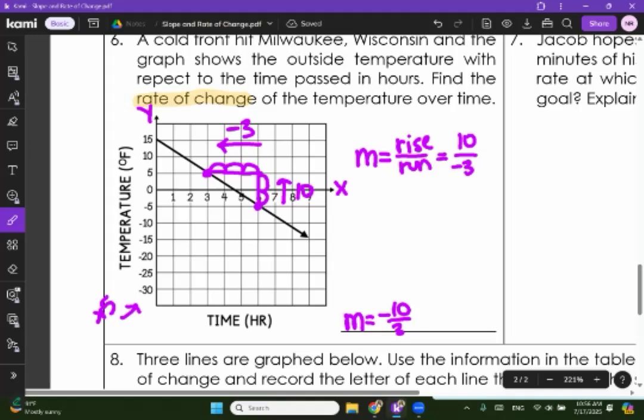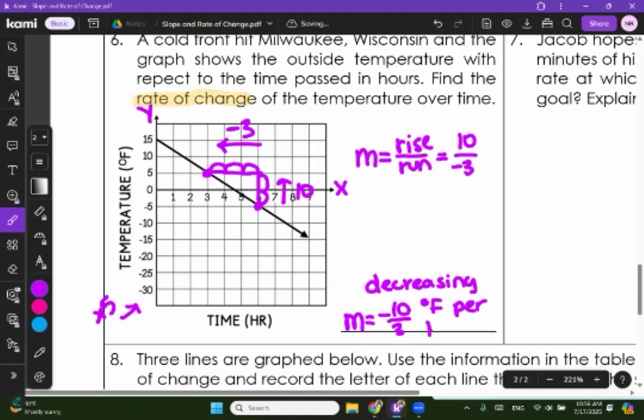So that would mean that we are decreasing 10 degrees Fahrenheit per 3 hours. Oops. We already have the number 3 there. Per 3 hours.